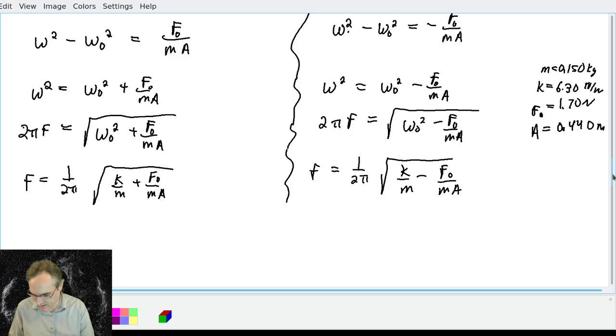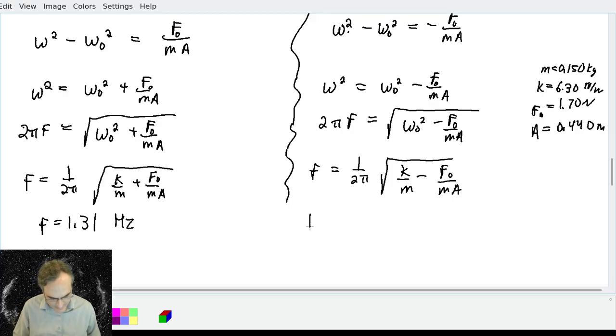So 1 divided by 2 times pi times the square root of my k over m plus my f over mA, and I get 1.31 hertz for this side. And on the other side, 1 divided by 2 times pi times the square root of my k over m minus my f over mA, and I get 0.641 hertz.